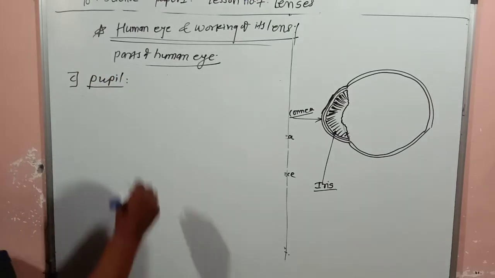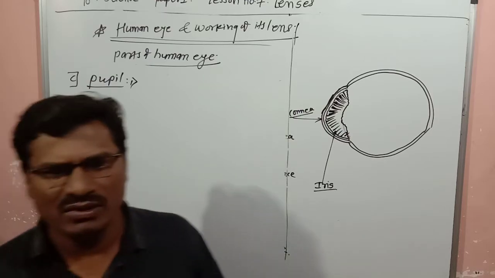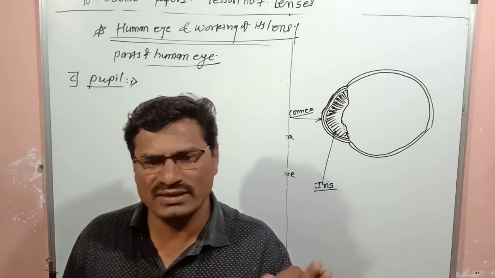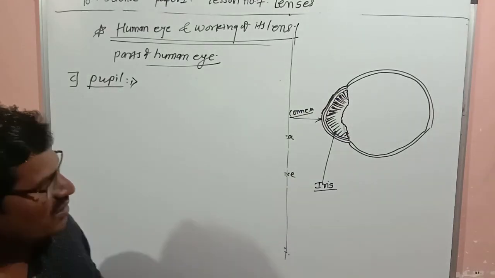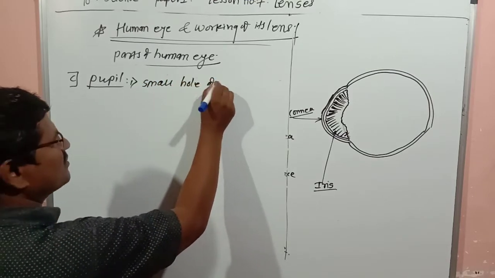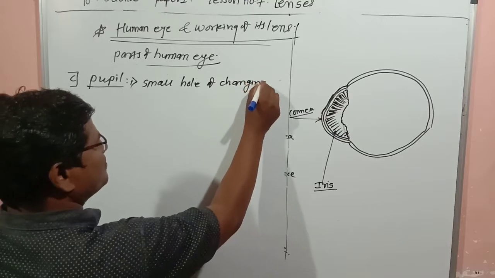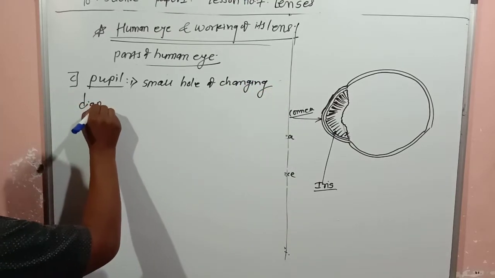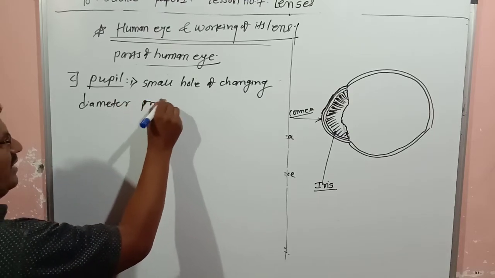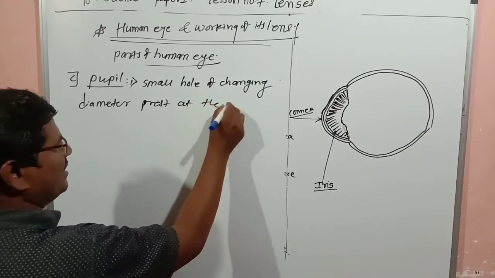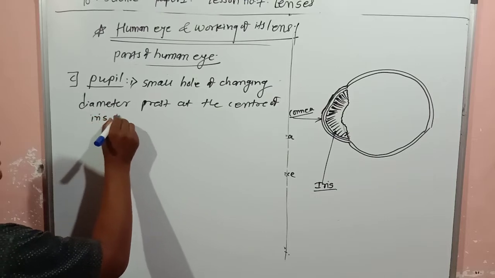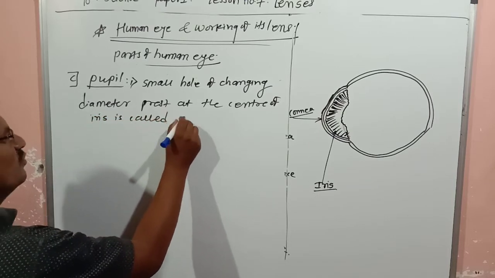So 1 to 3 points we'll write in pupil. Small hole of changing diameter present at the center of iris is called pupil.